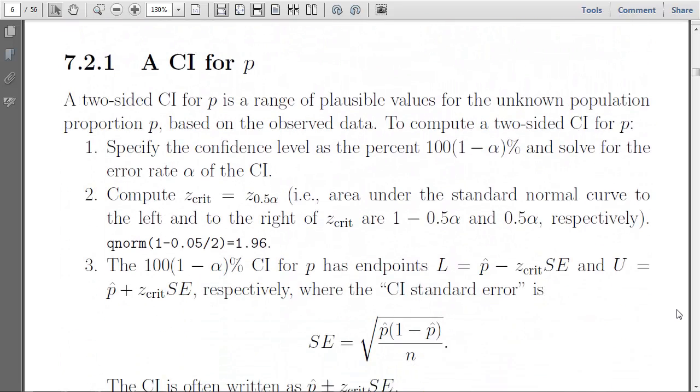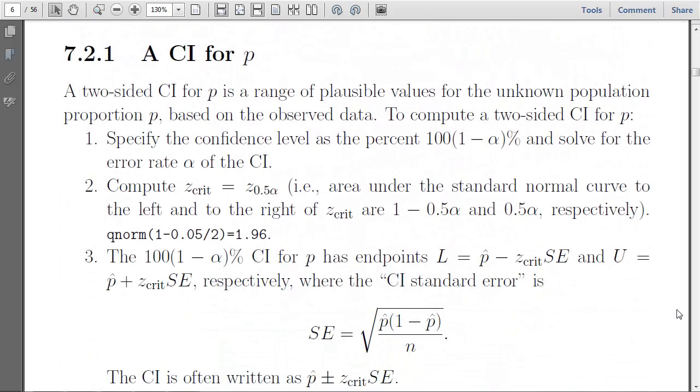So let's start with calculating a confidence interval for the true population proportion P. If we're interested in estimating what the population proportion P is, we would draw a random sample, calculate a confidence interval, and then interpret that confidence interval as the likely range for where the true population parameter is.